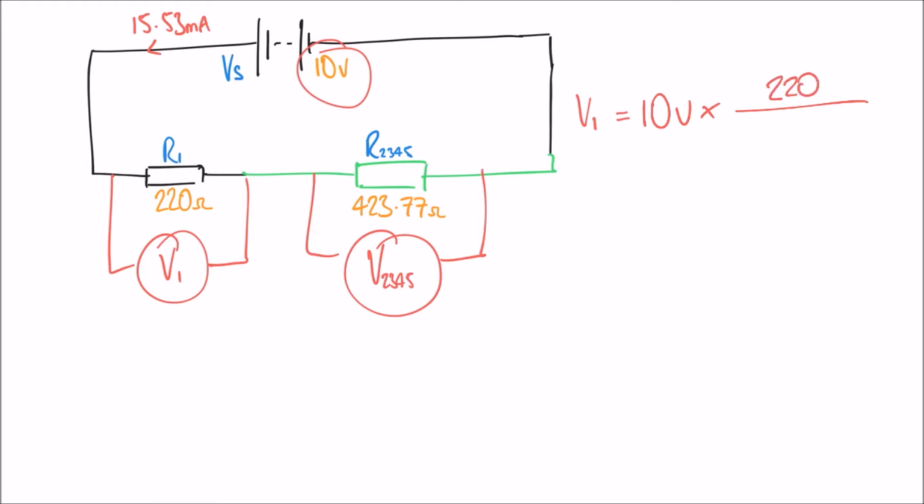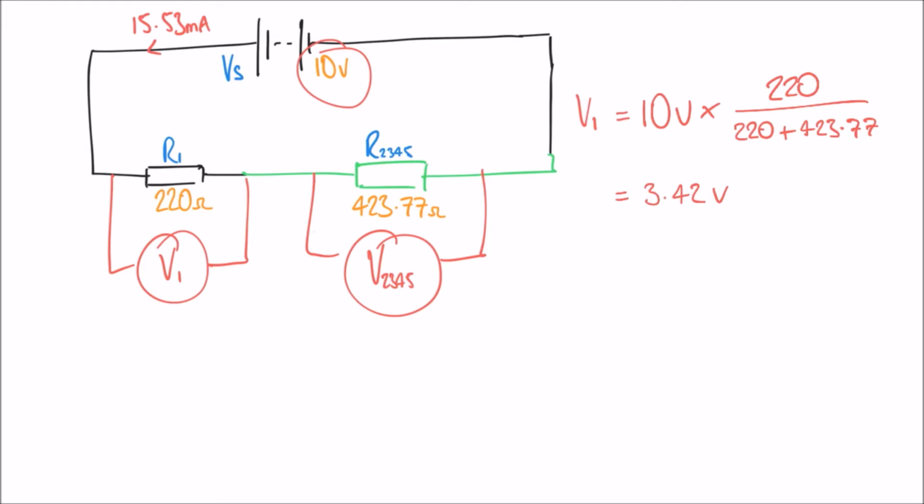And on the bottom, I put both resistances added together, 220 plus 423.77. And if I calculate that, I get an answer of 3.42 volts. So 3.42 is the voltage that we're measuring across V1.